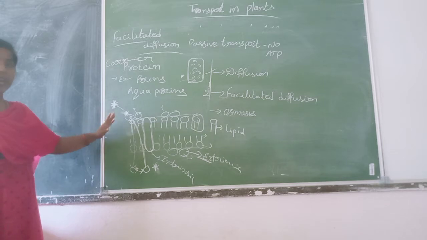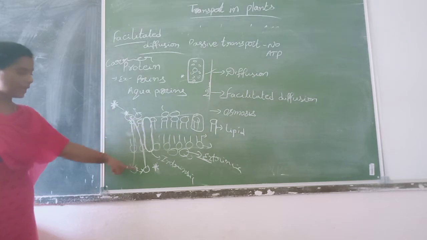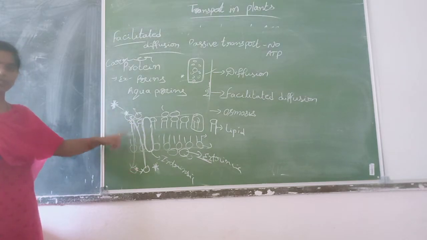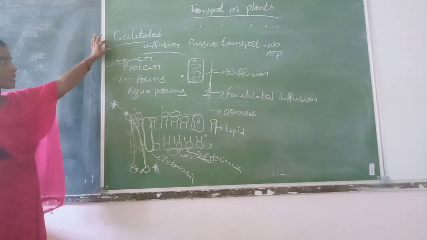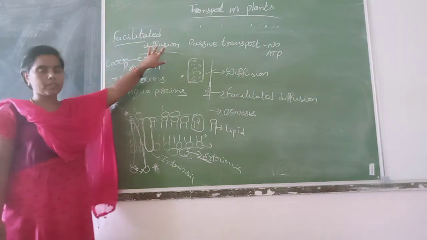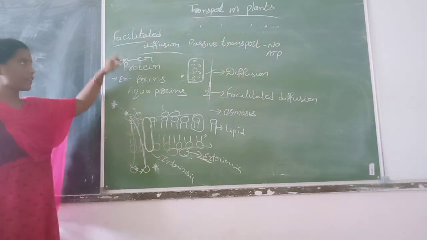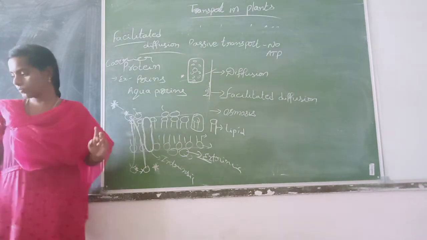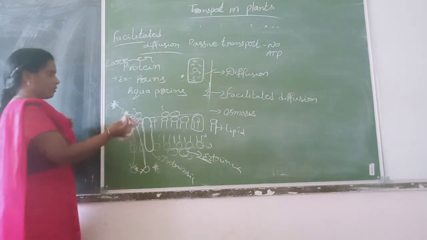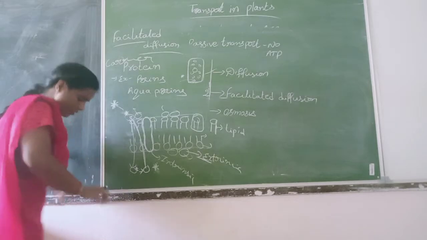So like this, proteins are helping to transport substances into the cell. That is why we say this is facilitated diffusion. Proteins are facilitating the diffusion process. Okay? So this is facilitated diffusion.